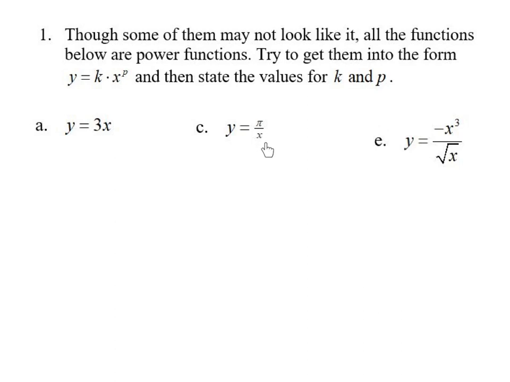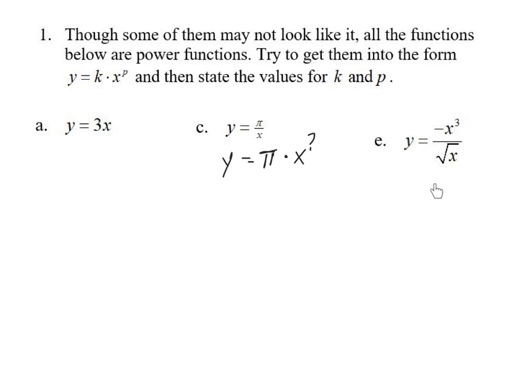With letter C here, I'll just point out, we can rewrite this as pi times x raised to some exponent. So I'm going to let you figure out what that exponent would be. But your k would be pi here.